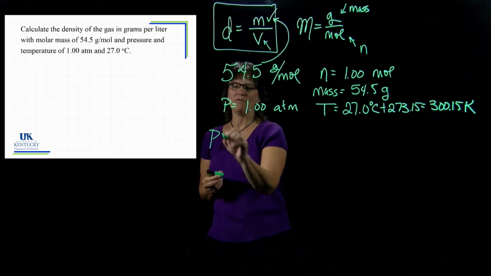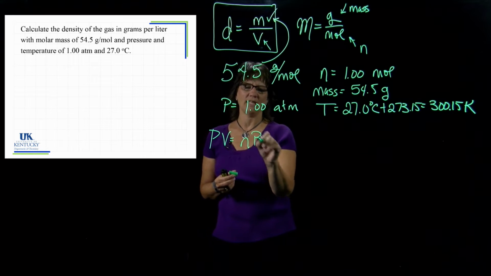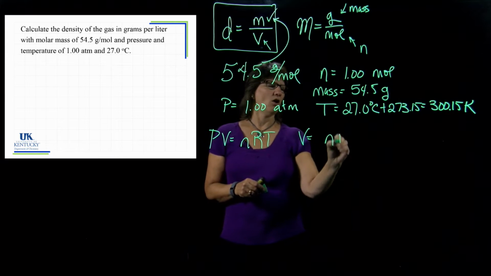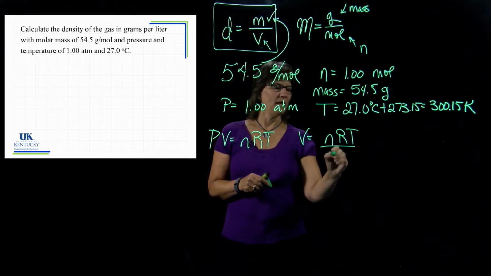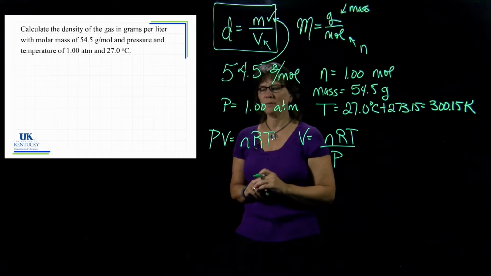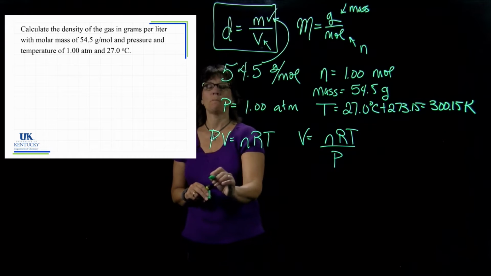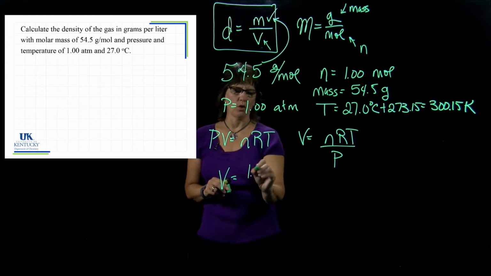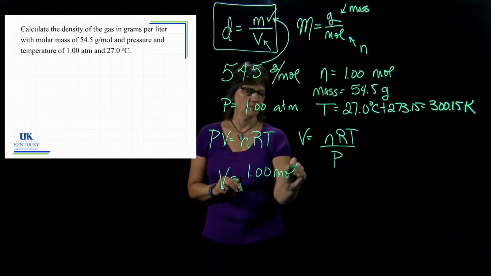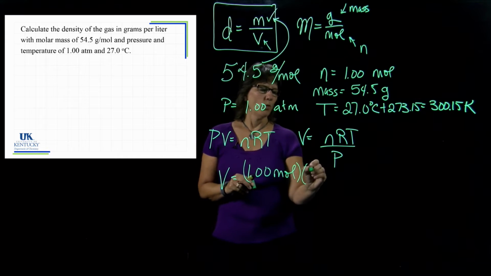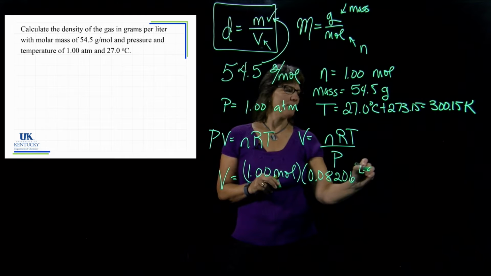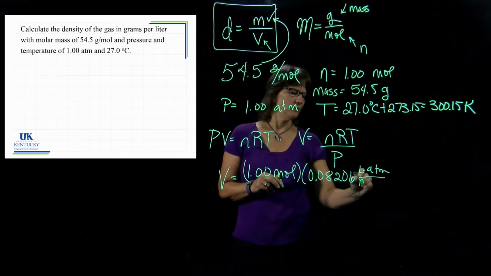So we use PV equals nRT. Solving for volume, it is nRT over P, and I know all of those pieces. So the volume is equal to the number of moles, which is 1, times R, which is 0.08206 liter atmospheres per mole Kelvin.